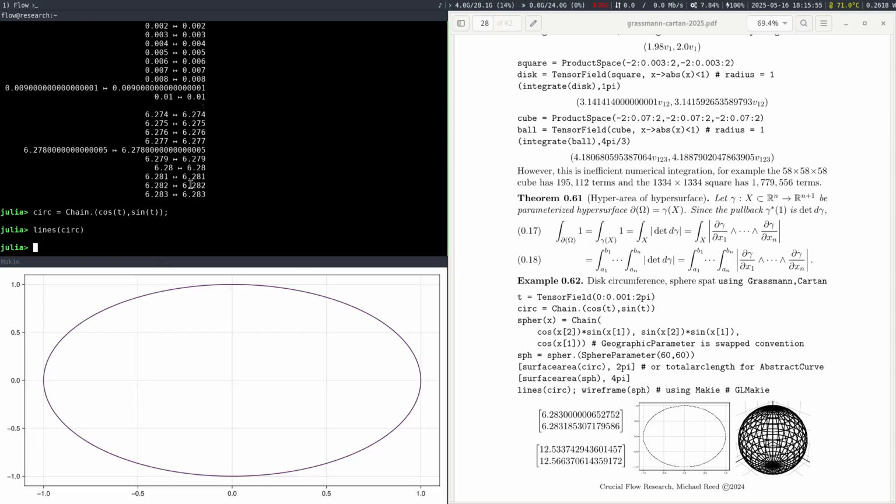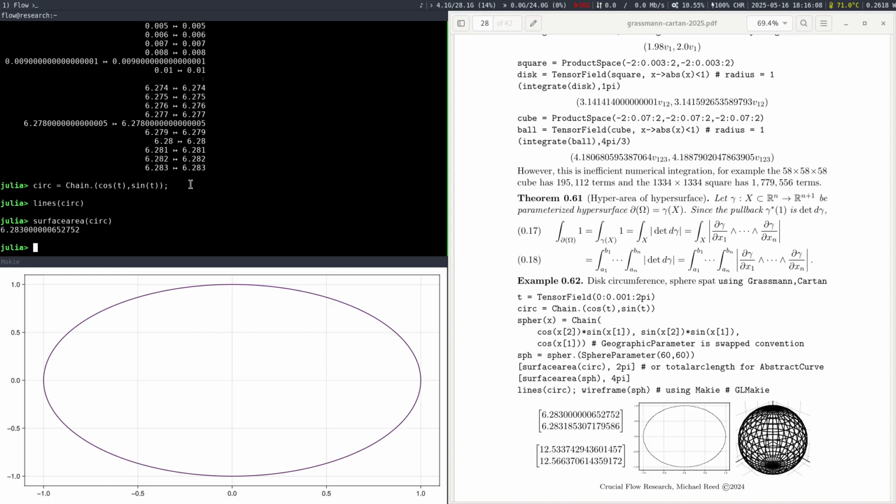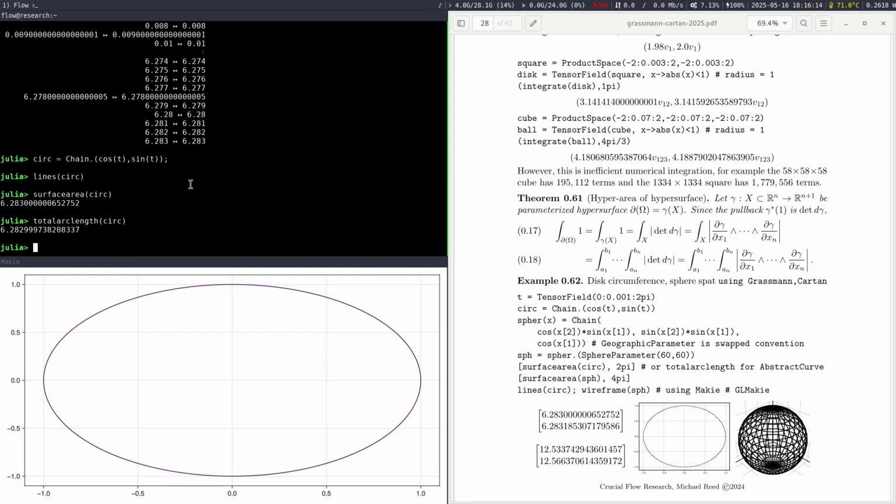So that's our typical circle, right? And so what happens when we take the surface area? So we know that these are two different calculation techniques.